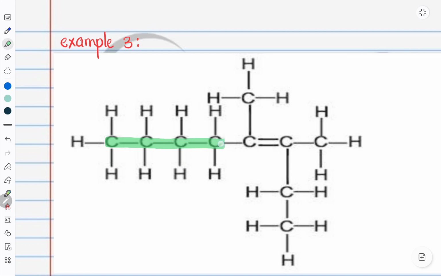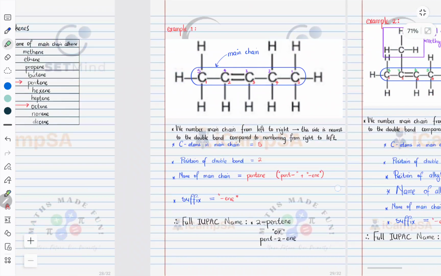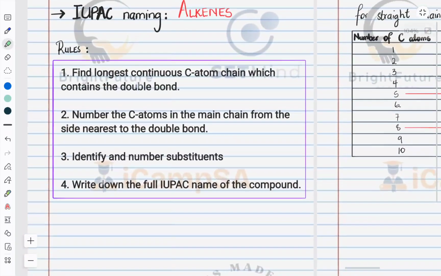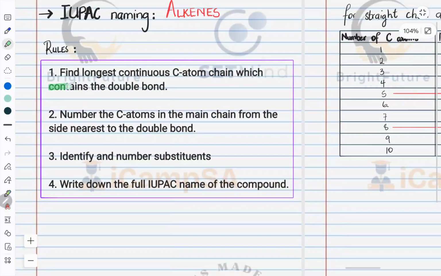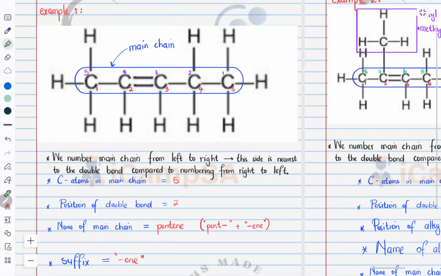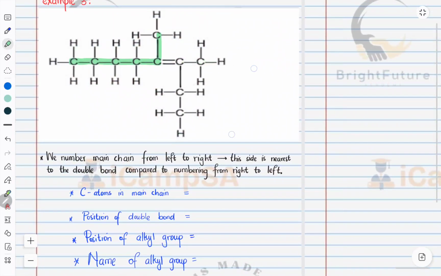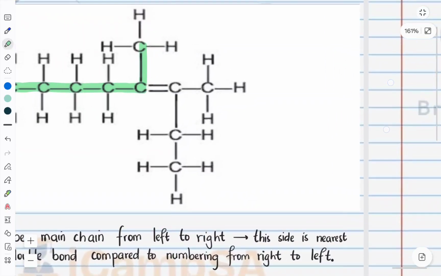All right, so now if you check, I can't include this one. I can't use this chain. Why? Because part of the rules say, let's go back to our rules actually. Find the longest chain which contains the double bond. If the chain doesn't contain a double bond, it doesn't qualify as a chain in the case of alkenes and alkynes.